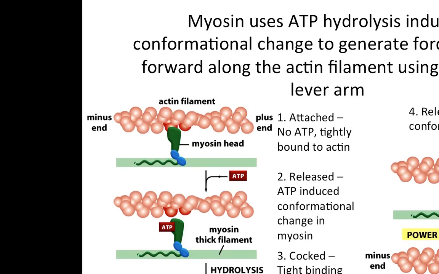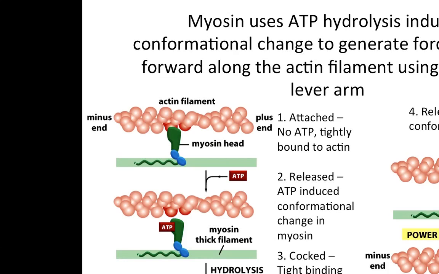Then when you have the release of that phosphate, you get yet another conformational change, and then it's going to bind to the next actin. It's starting over here, and it's going to that actin subunit. Then it's going to release the ADP, but again be binding tightly to the new actin. That's how it's moving.